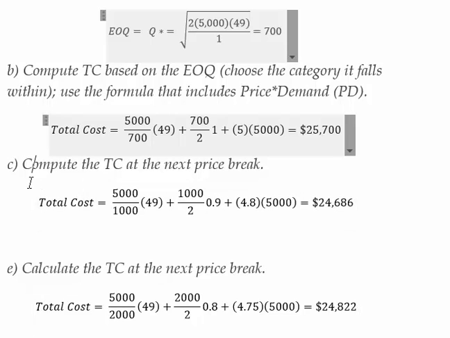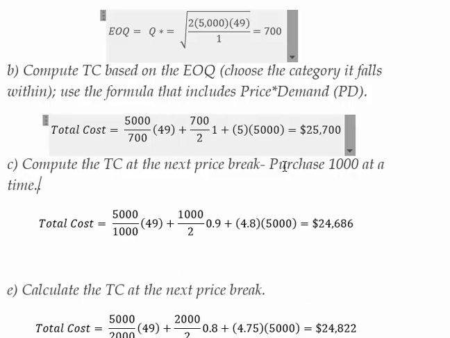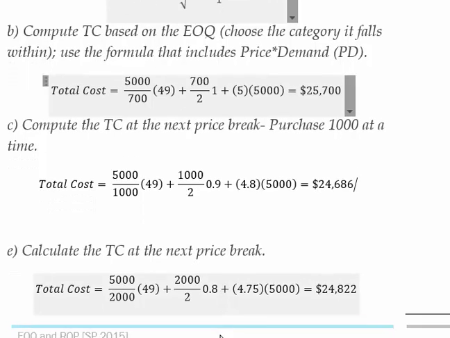So the best quantity to purchase would be here. So we want to purchase 1,000 at a time. Or said differently, if cost is our only consideration, minimizing holding and ordering costs, then we want to purchase 1,000 units at a time.